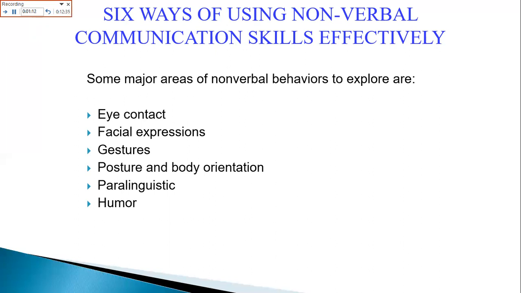Second one, facial expressions. We show normal face expression by action. Third one is gesture. When we talk to other person, it is important to look out on our gestures.